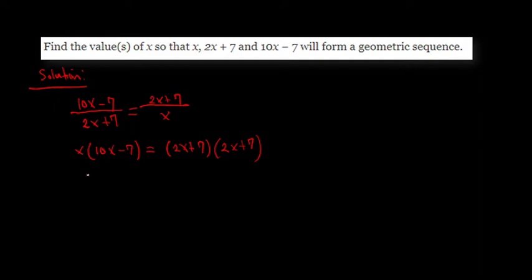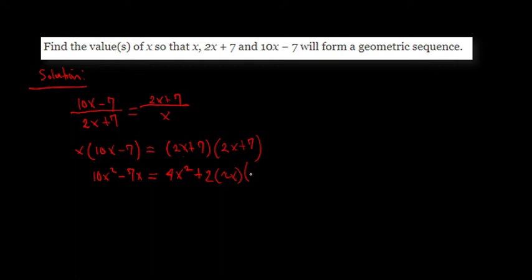Then we can distribute that, so it becomes 10x squared minus 7x. Just simply this one, first term, by FOIL method, we can come up with this. 2x times 2x is equal to 4x squared, plus 2ab. 2 times a, what is a? 2x.